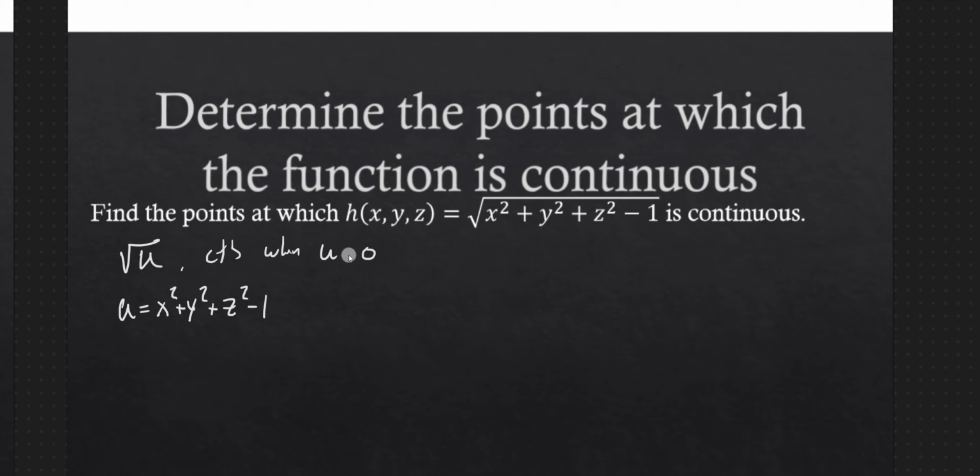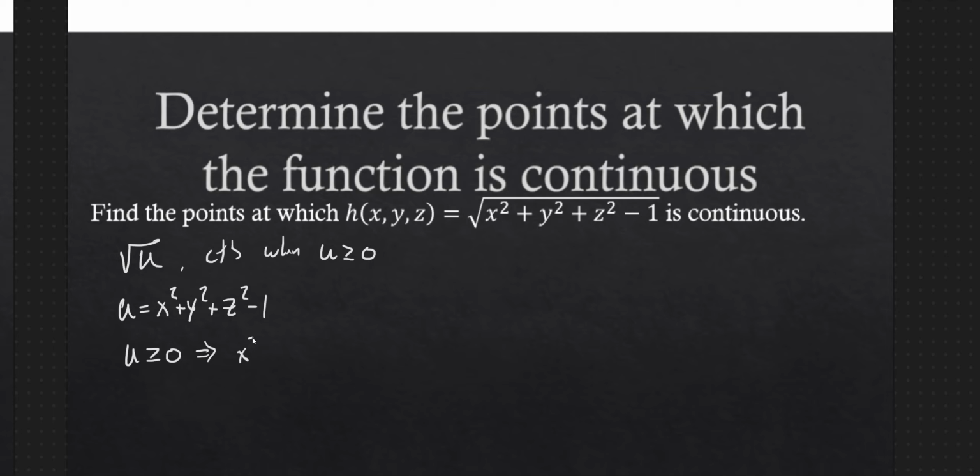No, actually, I think I want strictly greater than 0. When u is strictly greater than 0, no, greater than or equal to 0. Sorry. Yeah, this. And so this whole function will be continuous so long as u is greater than or equal to 0. So I need u to be greater than or equal to 0.